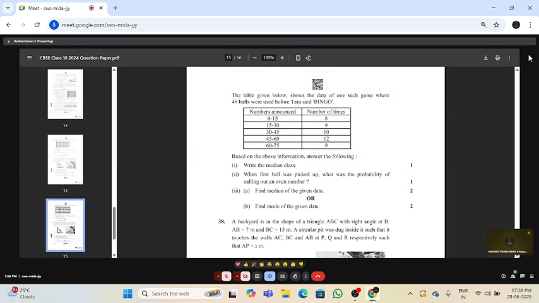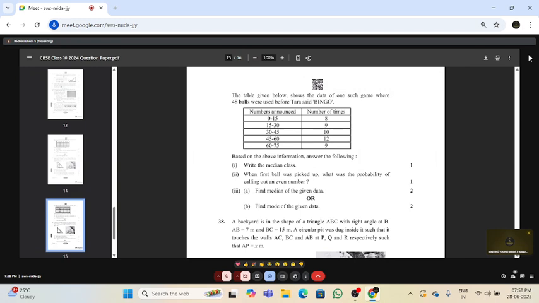Now, we are interested in where the 24th and 25th numbers are coming. First 8 numbers, then 8 plus 9, 17. After this, 17 plus 10, it is 27, right? So the 24th and 25th, if you write in ascending order, is going to be in this class.